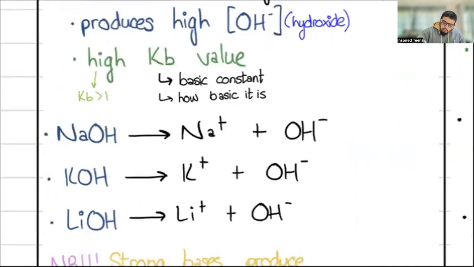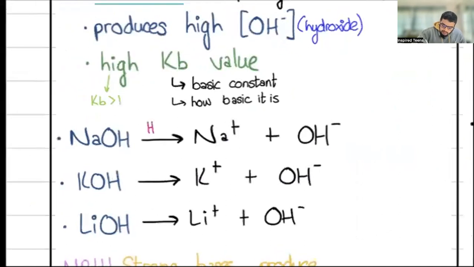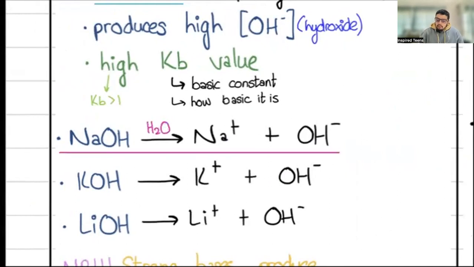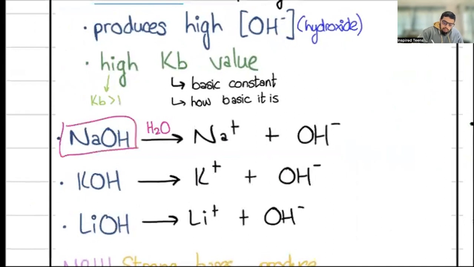We could show the water on the arrow to indicate that it is dissolving, or better phrased, dissociating in water, and it dissociates to form Na plus and OH minus. It basically dissociates to form its ions. And we can see that, yes, we do refer to this as a strong base. We need to memorize our strong bases and all of the common ones.